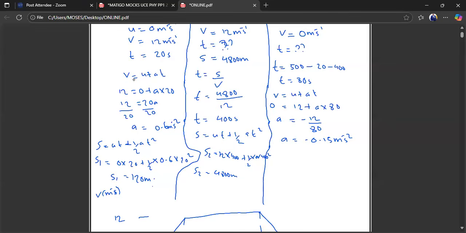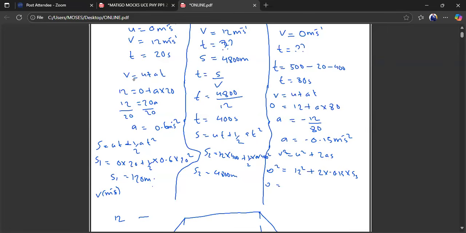Now, in the third stage, V squared equals U squared plus 2AS. My V is 0 in the third stage. My initial velocity was 12, squared, then plus 2 times my A, which is negative 0.15. S is not known, I'm going to call it S3.